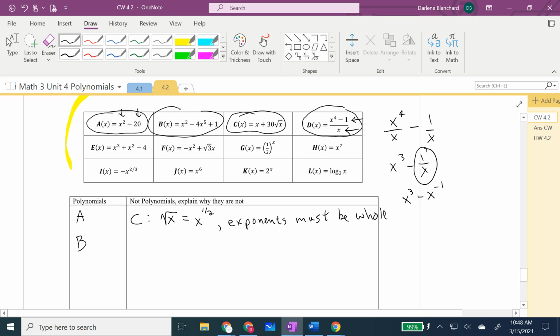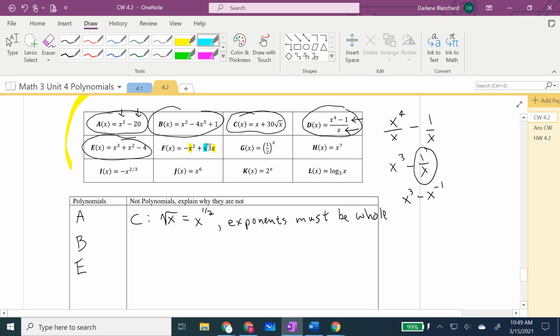And then as we continue looking, E is polynomial. F is meant to trick you, by the way. The variable has exponents 2 and 1. Those are whole numbers. The variable is not being square rooted.